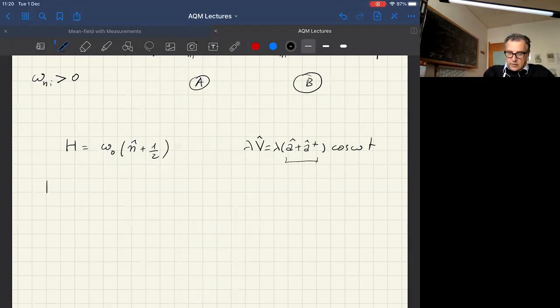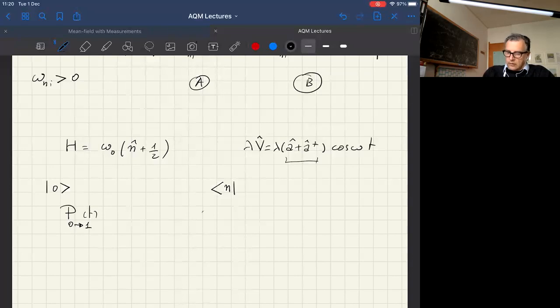So for instance, suppose that you start from 0, and you want to know the probability that from 0 you end up in the state 1 as a function of time, by means of this perturbation.